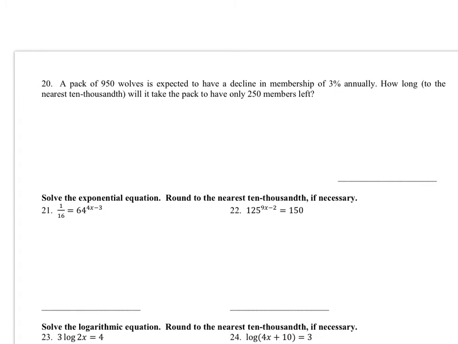Alright, for problem 20, we've got a pack of 950 wolves. We're expecting a decline of 3% annually. Want to figure out how long until there's only 250 members left. So, looking at that 250 being the end result, starting at 950, and a 3% decline would give us a decay factor of 0.97, and we're trying to find that exponent.